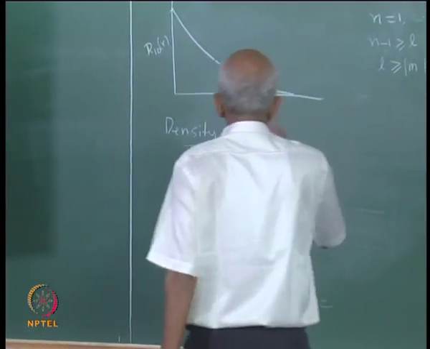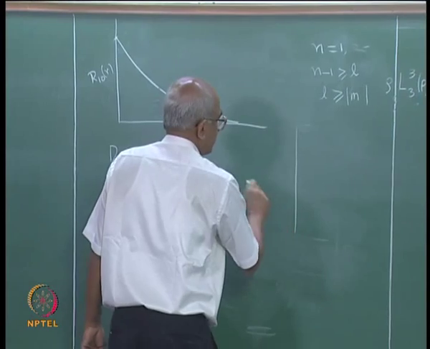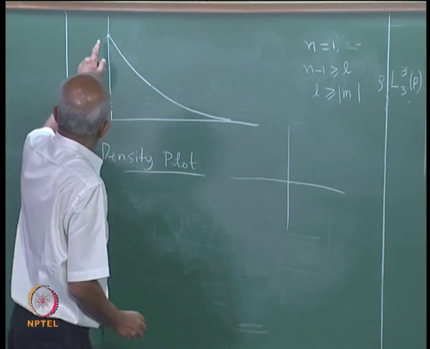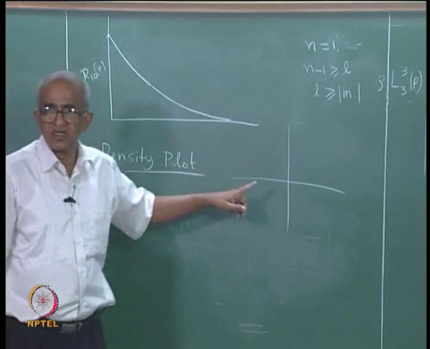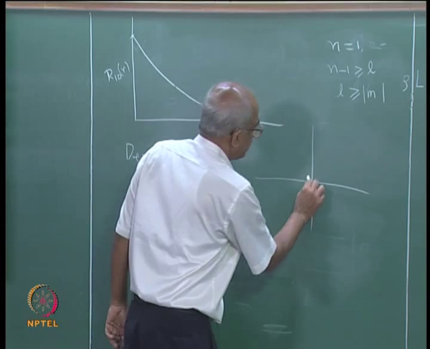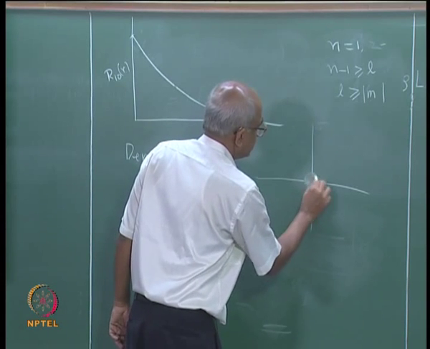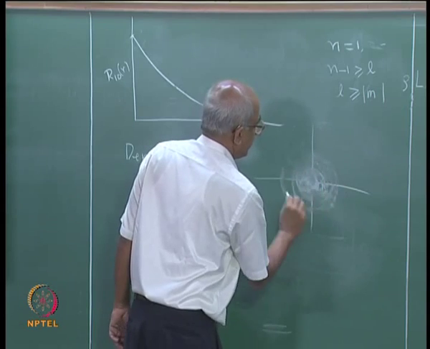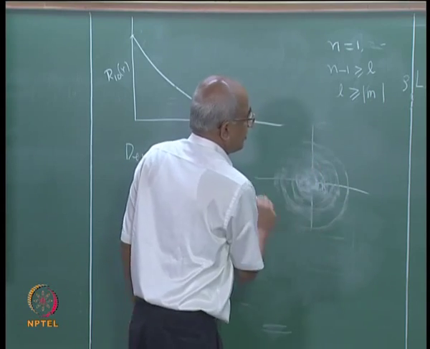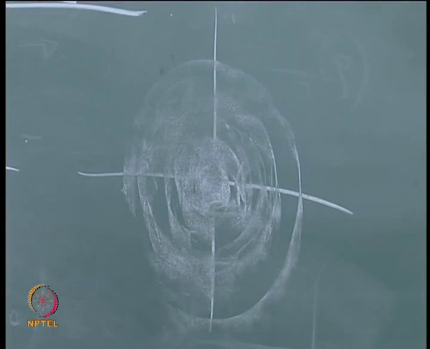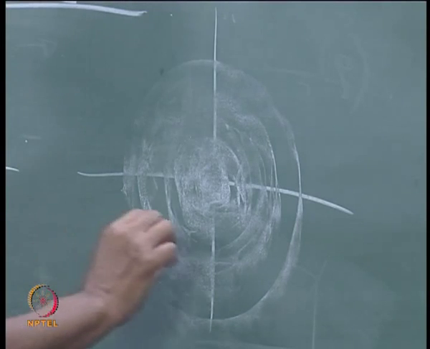That is the usual procedure that I will adopt. So, if I did that with this particular function, what is going to happen? Here is my nucleus. Where is it that this function has the largest value? It has the largest value at the nucleus. Therefore, the density of shading is going to be maximum at the nucleus, and as you go away from the nucleus, the density of shading will decrease, and as you go further and further away it will simply go on decreasing. This is how you would represent this particular function.